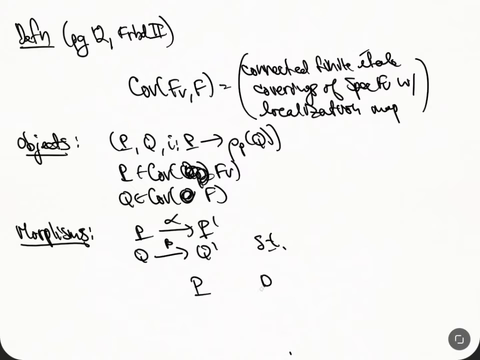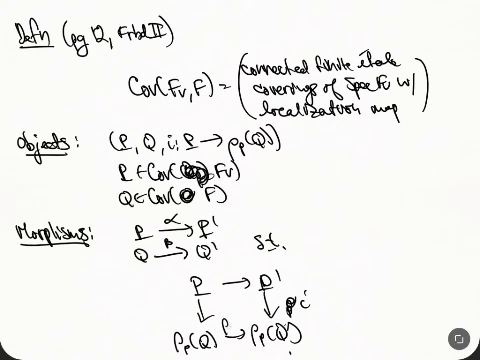So P goes to P prime, and then we have this localization rho, or sorry, I, and it goes to rho_P of Q prime, and then we have rho_P of Q, and this thing is rho_P of beta, and this is rho of alpha. Okay, and we have this I and I prime. So we have these two things, and the morphisms need to do this. So building a category like this tells us how we can localize certain Frobenioids.